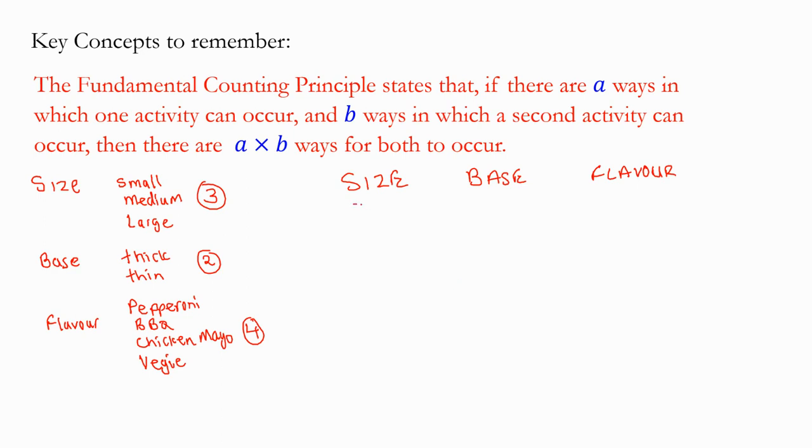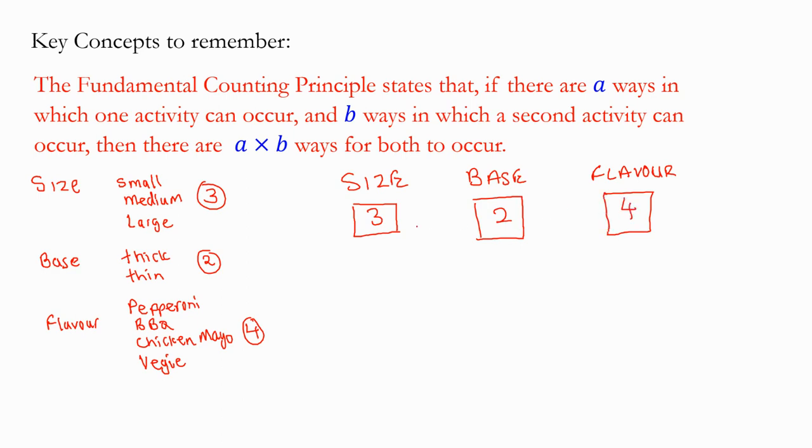So the size, how many different ways do we have? We have 3. And then the base, how many different ways? We have 2. And then the flavor? We have 4.